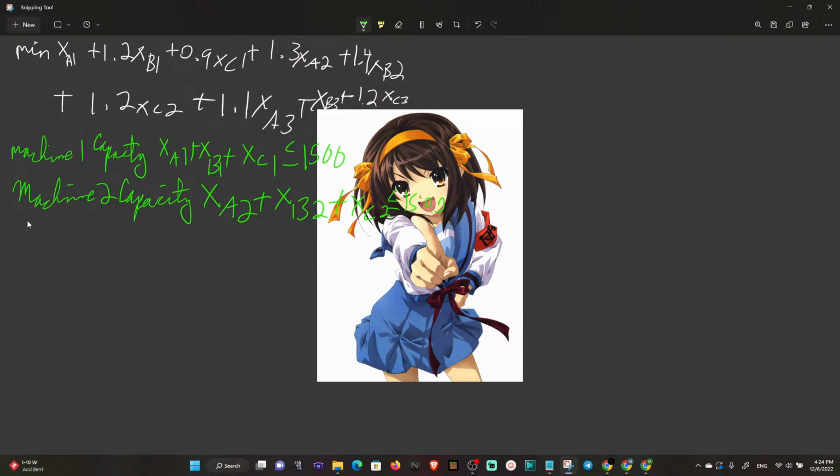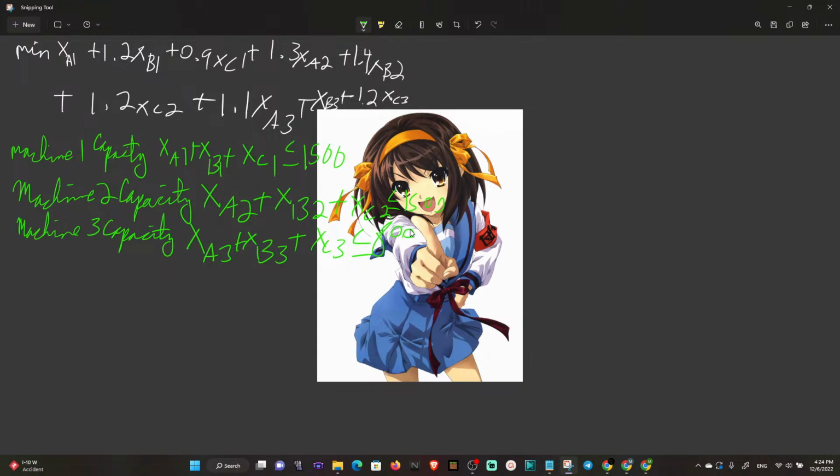And then finally we have machine 3 capacity, which will be xa3 plus xb3 plus xc3 is less than or equal to 800.